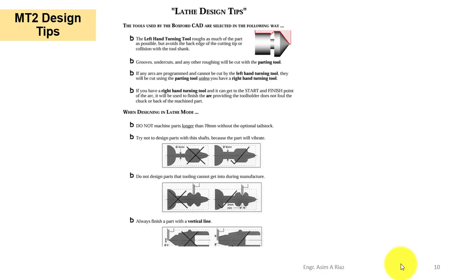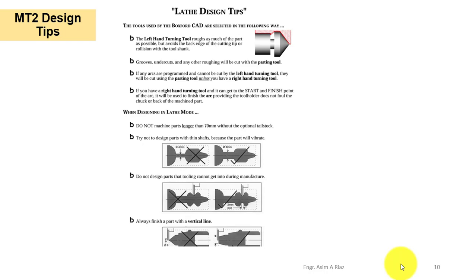use a machine part longer than 70 mm, because if you use longer pieces, they will vibrate and wobble while machining, and the machined surface or cutting tool may be damaged. Try not to design a part with a thin shaft because the part will vibrate.